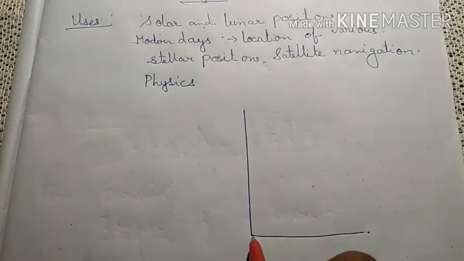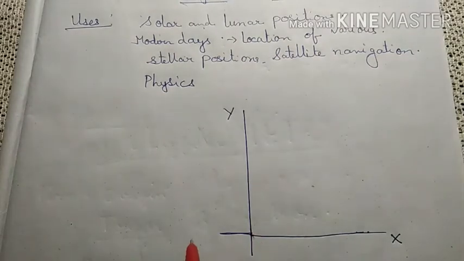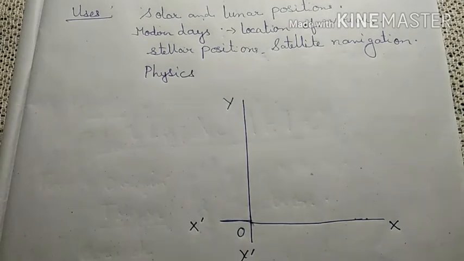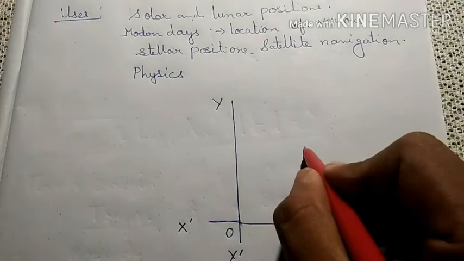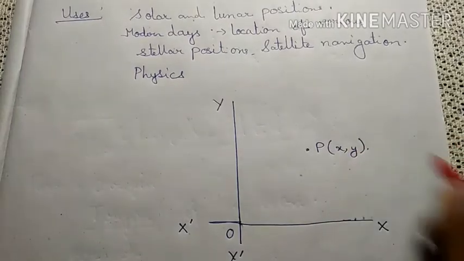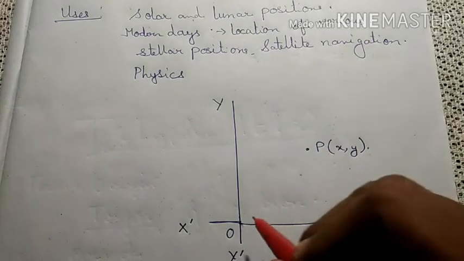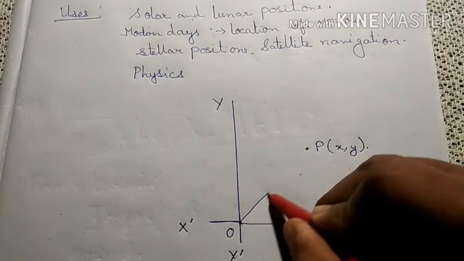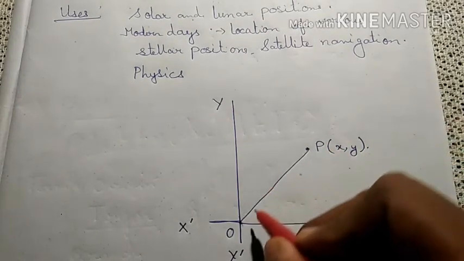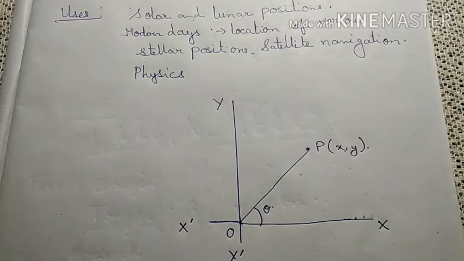It's an x-axis and y-axis, y prime, x prime, origin O. Now let us trace a point P with coordinates x, y. Now suppose we subtend an angle theta at the origin from the point P. This angle is theta.